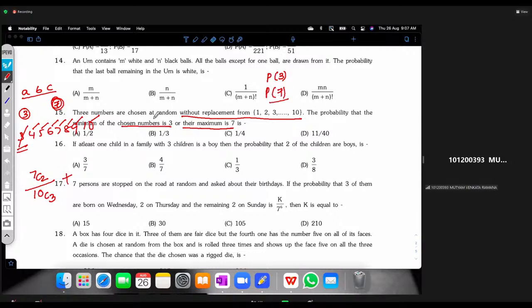Maximum is 7, because your minimum 3 should be there. That's why I'm writing, maximum is 7. So 1, 2, 3, 4, 5, 6. So 6C2 by 10C3. Minus, 3 should be there, 7 should be there. In between, what are the numbers? 4, 5, 6. 1 out of this one. 3C1 out of 10C3.